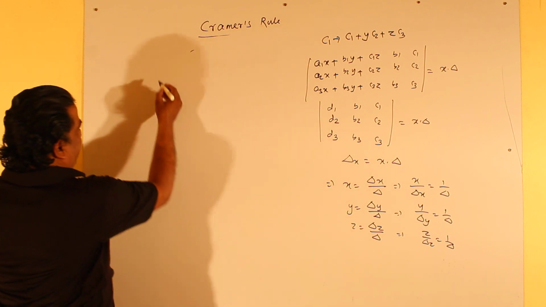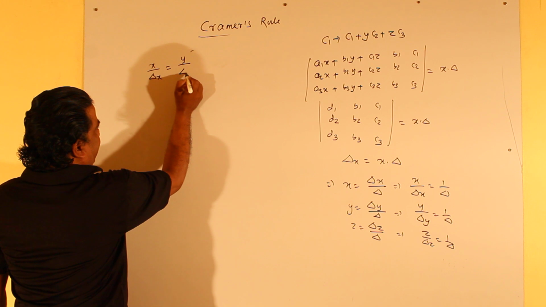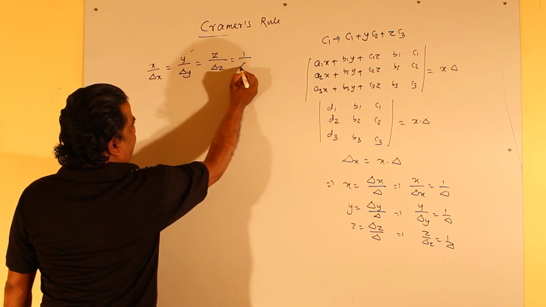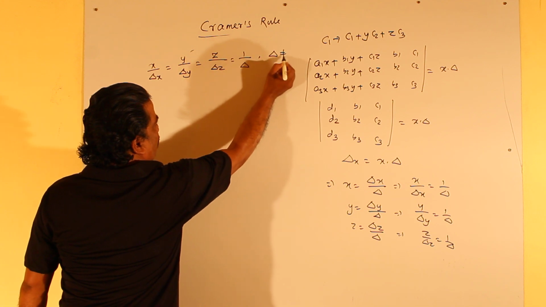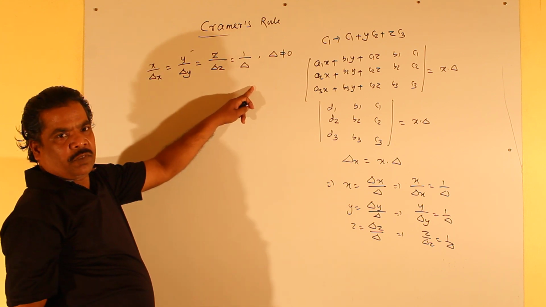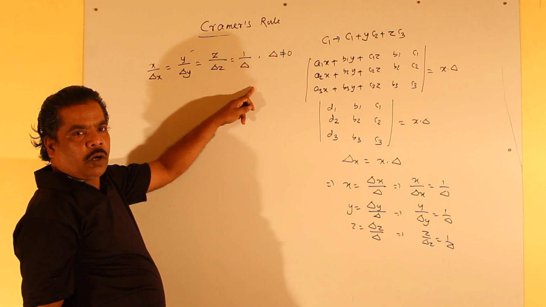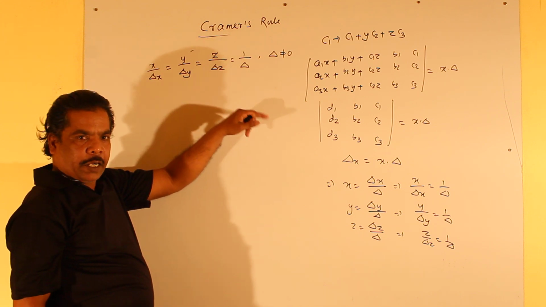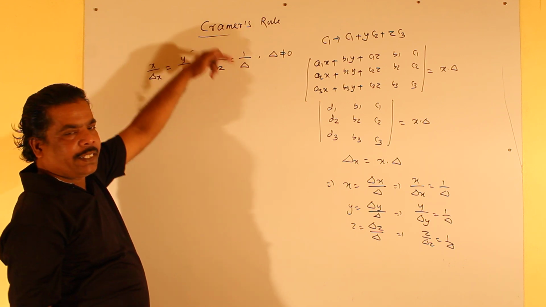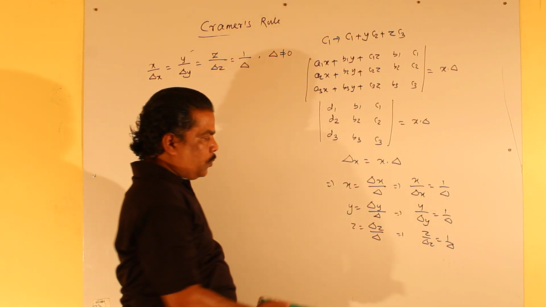So we write x by delta x is equal to y by delta y is equal to z by delta z is equal to 1 by delta, where delta is not equal to 0. So this is known as Cramer's rule.